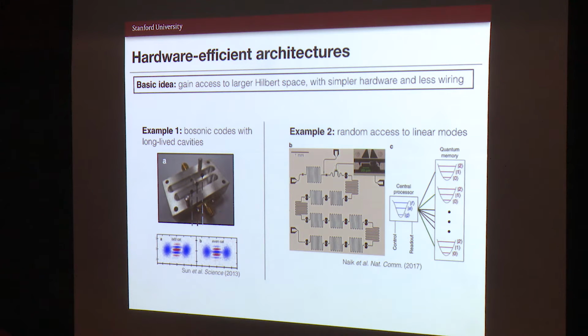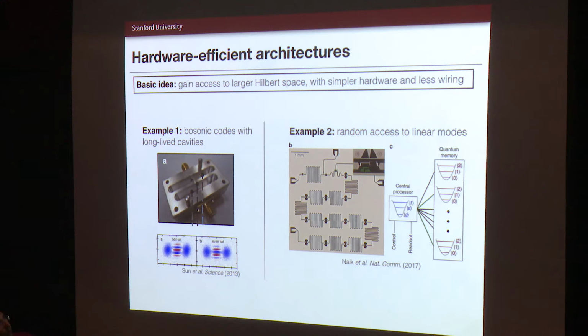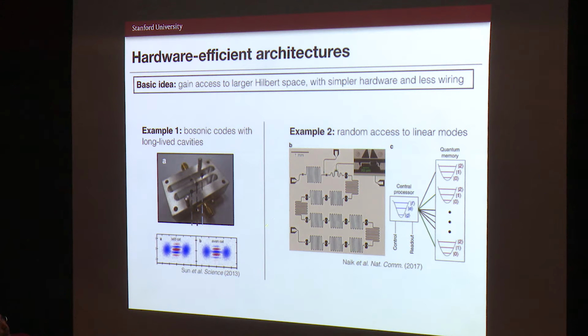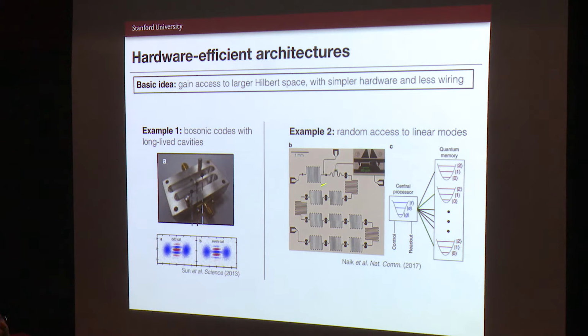And a complementary approach is to have one qubit. This is a qubit from Dave Schuster's group at the University of Chicago that controls the state of many harmonic oscillators. Each of these is a microwave resonator. There's something like 10 microwave resonators here. And this one qubit with a single drive line or maybe two control lines is used to control the 0-1 photon state of these resonators.